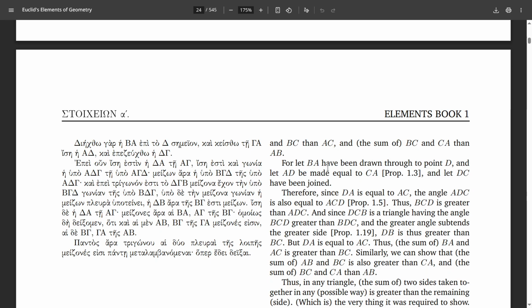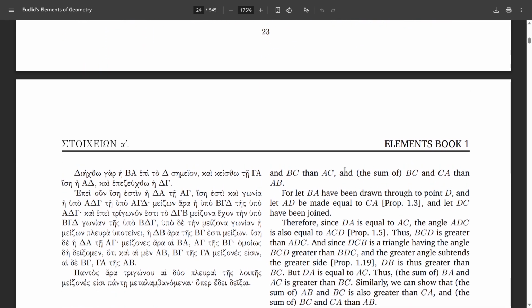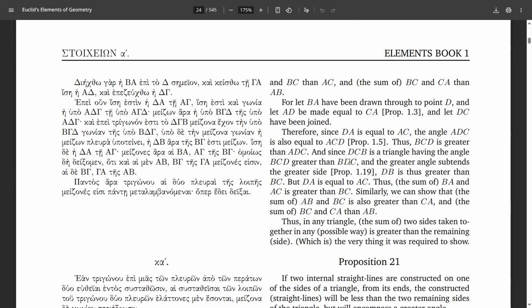For let BA have been drawn through the point D, and let AD be made equal to AC. How do I interpret this from text?